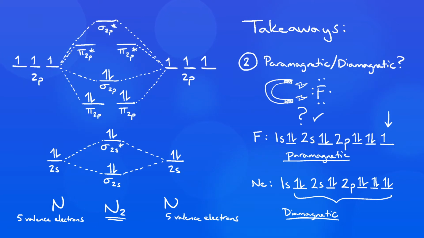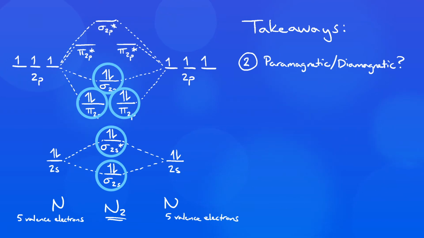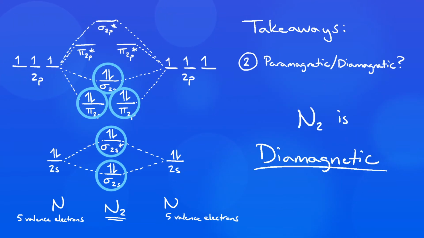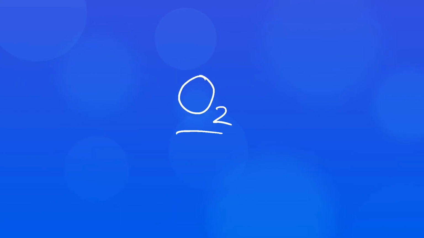We can do the same quick check here for molecules, now that we have an accurate picture of how the molecular orbitals are filling. One glance at our nitrogen molecule shows us that all the occupied molecular orbitals are filled, so N2 is diamagnetic.